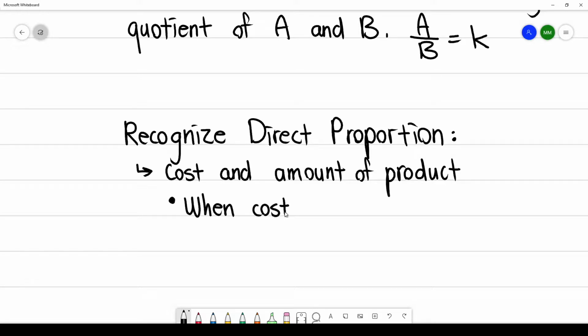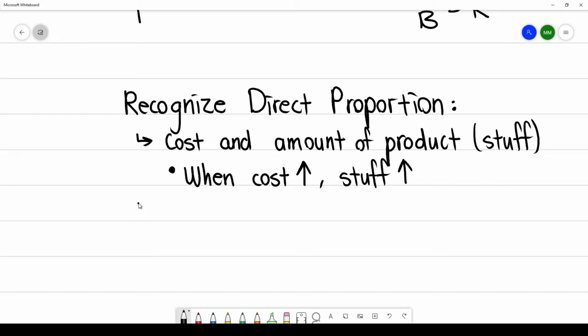When cost goes up, the amount of product, and I don't mean multiplication here, I mean actual stuff you buy, goes up as well.